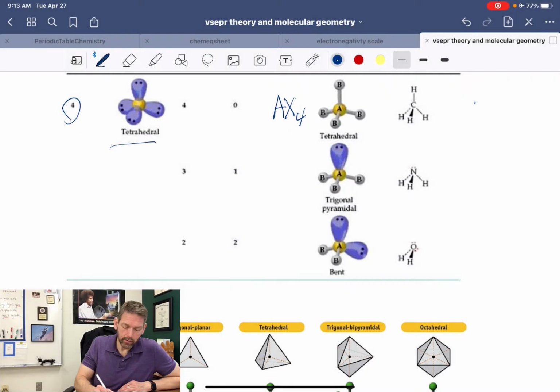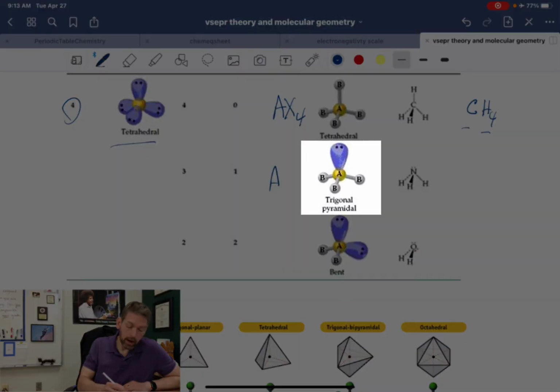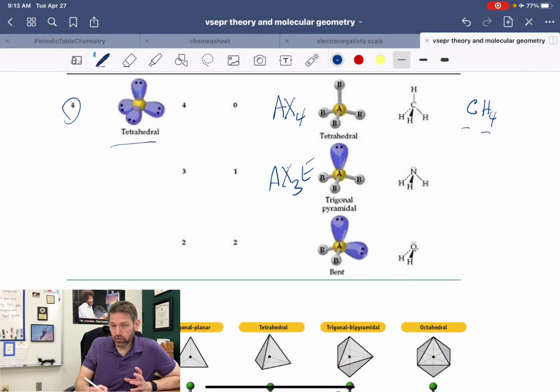And you can see here we have carbon tetrahydride. So it follows. There's our A, there's our B. And then we have 1 A here, and we have 3 B's, so that's AX3, and then there's 1 lone pair. Nitrogen trihydride, ammonia, that's NH3. There's our A, there's our X, and the lone pairs are just understood to be there.